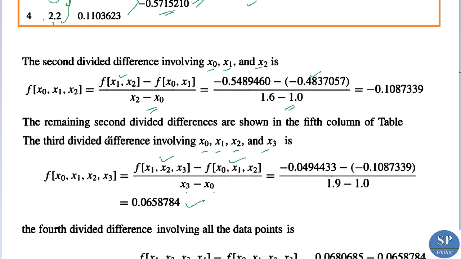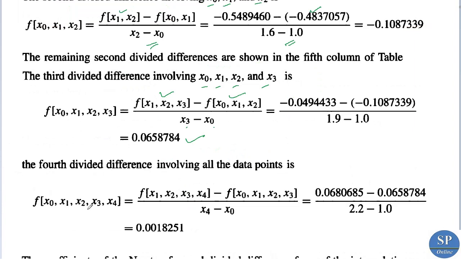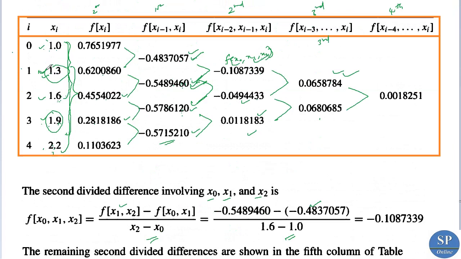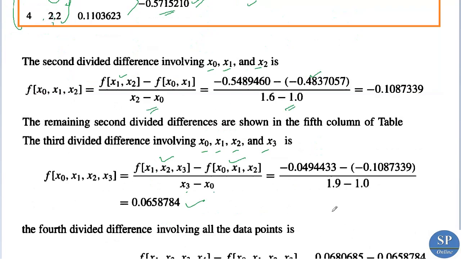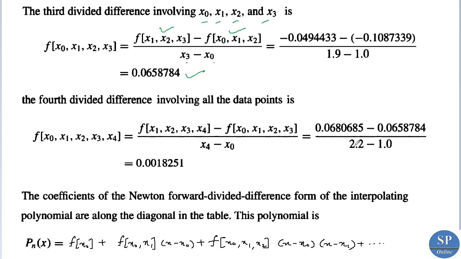That is, f of x0, x1, x2, x3, x4 is equal to f of x1, x2, x3, x4 minus f of x0, x1, x2, x3, divided by x4 minus x0, that is 2.2 minus 1.0. So we will obtain this as the fourth divided difference.